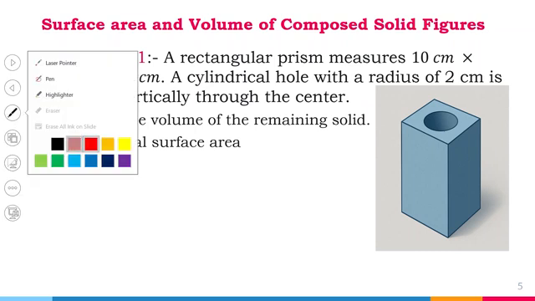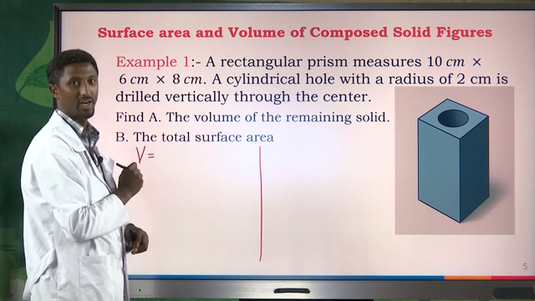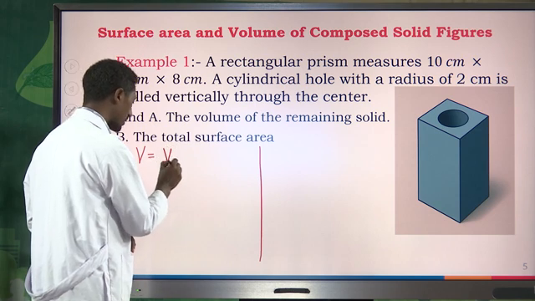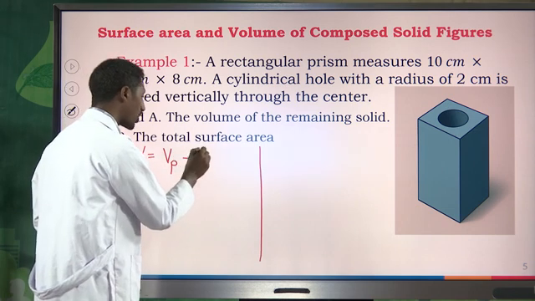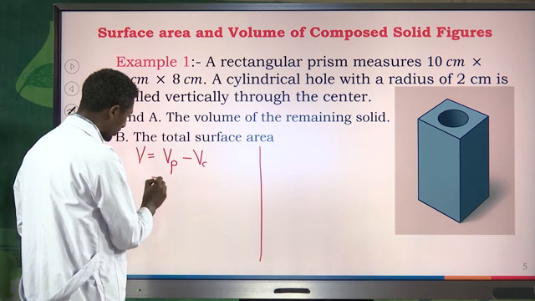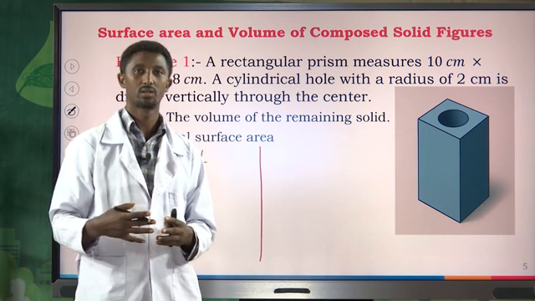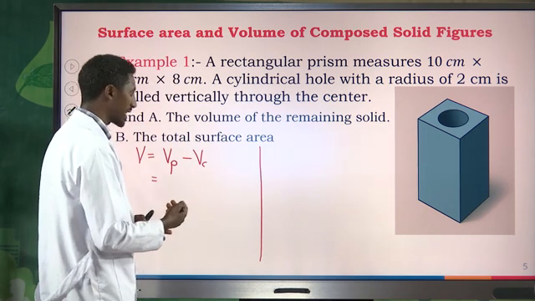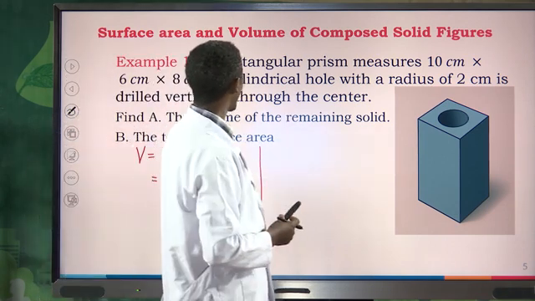volume of the cylinder. So the volume of the remaining solid figure V equals the volume of the prism, let's say denoted by Vp, minus the volume of the cylinder. What is the volume of the right rectangular prism? The volume of a right rectangular prism is area of base times height, and the dimensions are given.